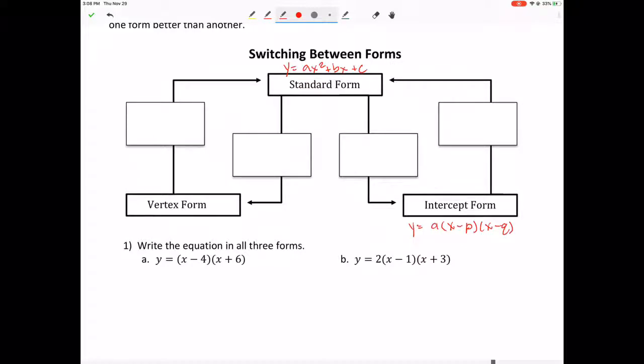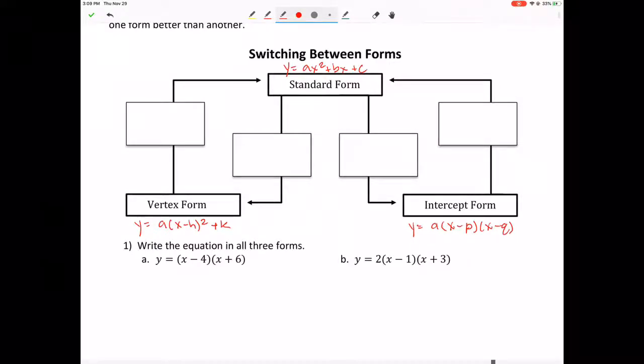All right, and then vertex form is y equals a(x minus h) squared plus k. All right, those are the three forms. You'll need to memorize these and write those down on the test, okay?